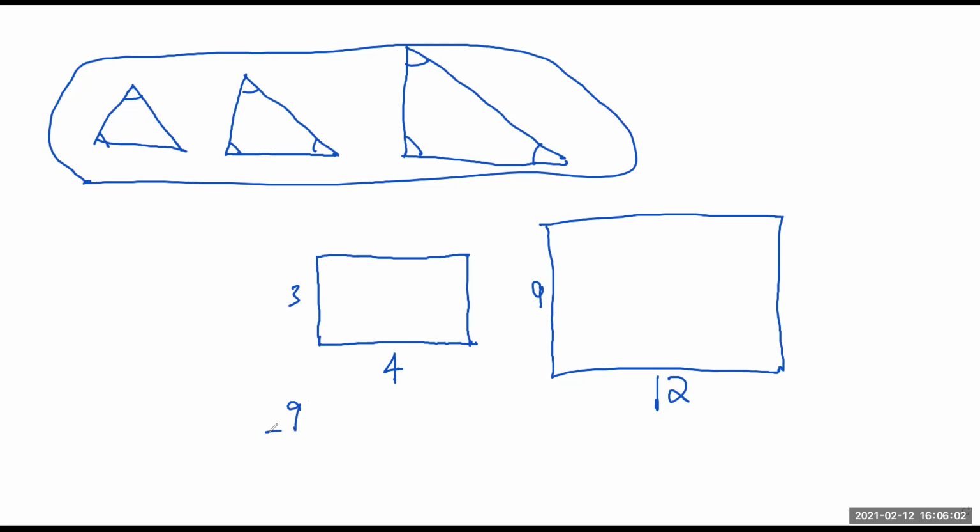So 9 divided by 3 is 3, that's the scale factor, and 12 divided by 4 is also 3. So as long as the ratio between the widths is the same as the ratio between the lengths, we know they are similar. And this one is scaled up by 3.